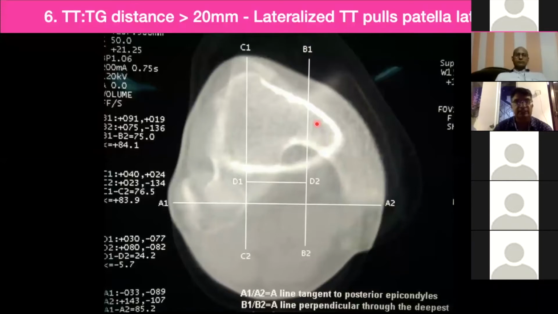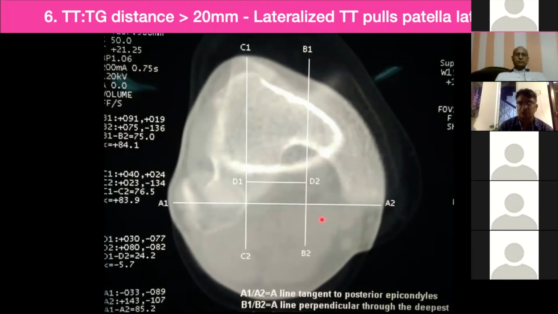Very interestingly, the TTTG distance has gained so much popularity, and a TTTG distance of more than 20 indicates that your tibial tuberosity is more laterally located. This is the groove, and this is the tibial tuberosity. If your tibial tuberosity is more lateralized, that means your TTTG distance will be increased.